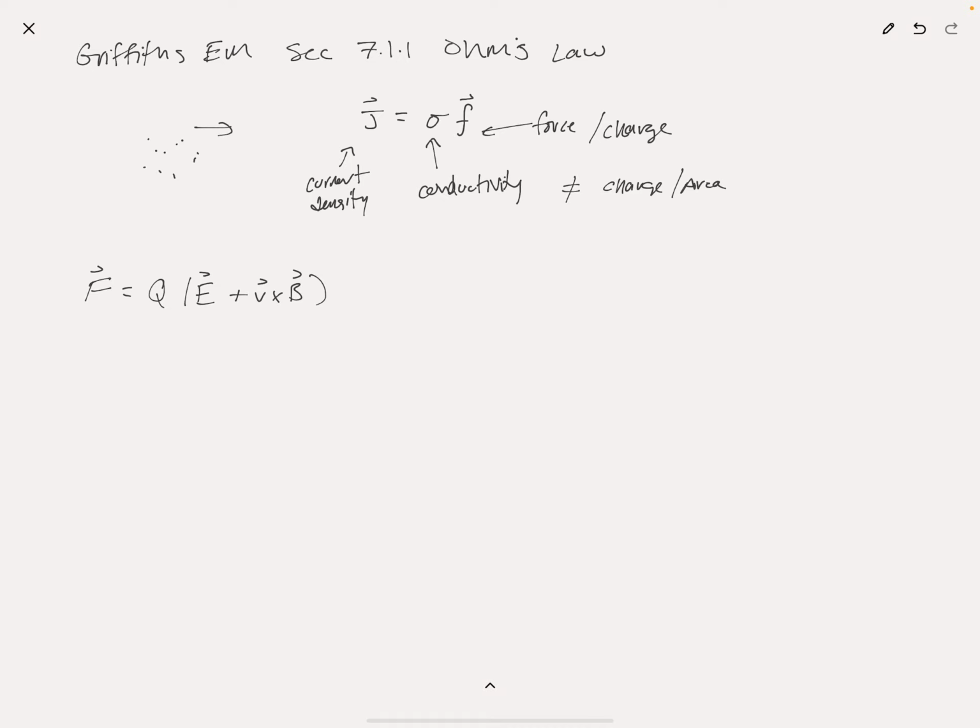Right? So that means that the force per unit charge is just the thing that's in the parentheses. All right, so therefore, the current density that you see is the conductivity times this product here.